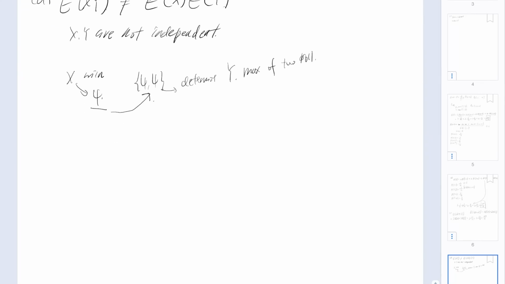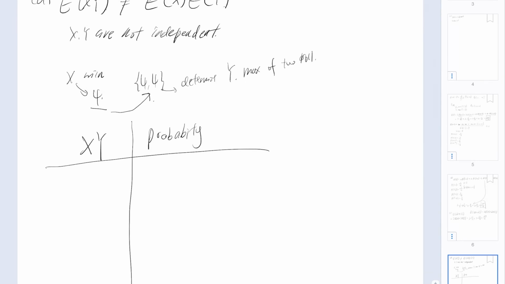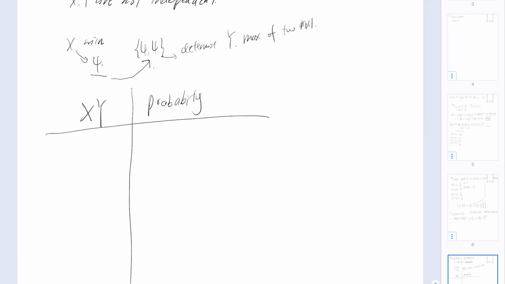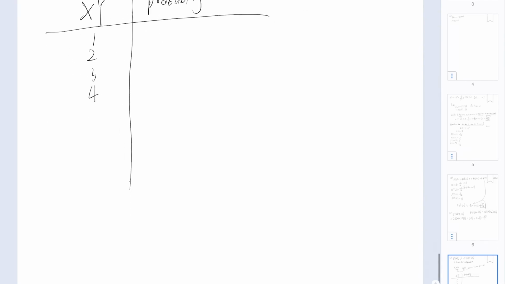So instead, we are actually calculating this random variable xy. So we make a table of the random variable xy, list all its possible values, and give the probability of each. So xy can be, for example, 1 times 1, 1 times 2, 1 times 3, and 1 times 4.